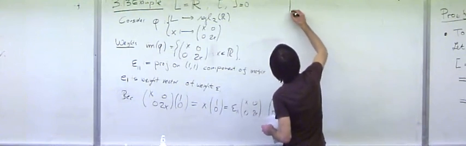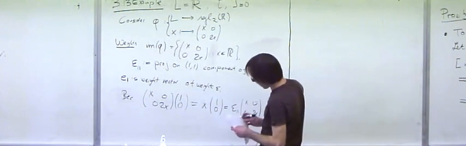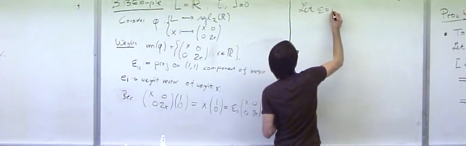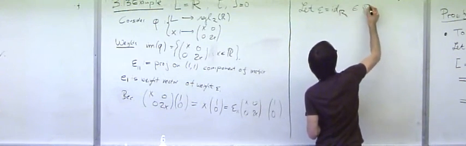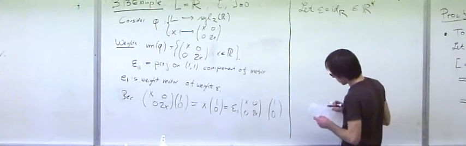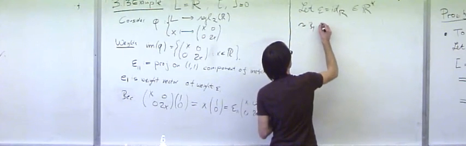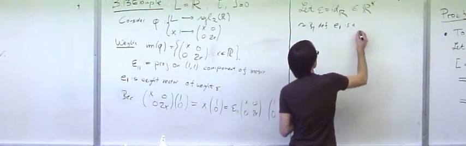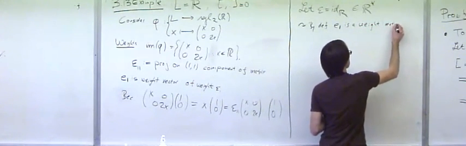Now we do the pull back by phi. Denote by epsilon the identity map on R. So this is a linear form on R. So by definition, e1 is a weight vector of weight epsilon.